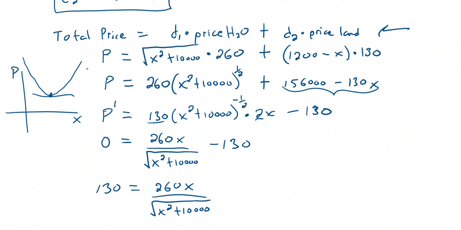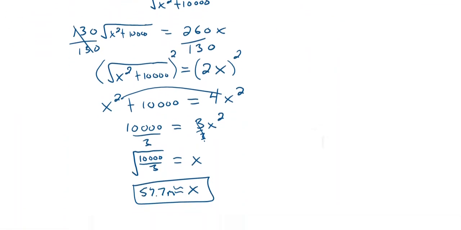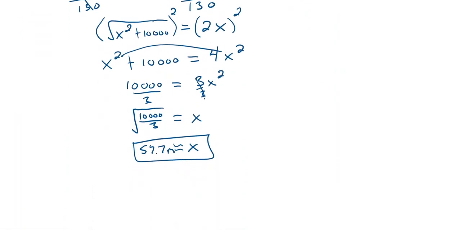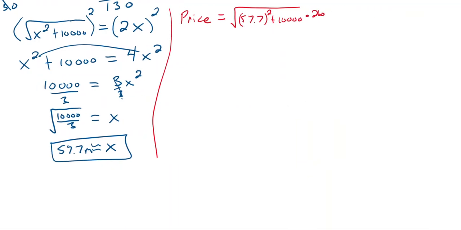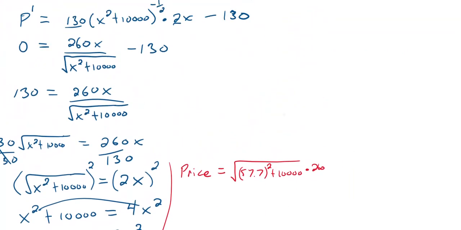So let's go back to our original equation here. The price would be equal to the square root of 57.7 squared plus 10,000, times 260. And then what was the rest of our equation there, right?